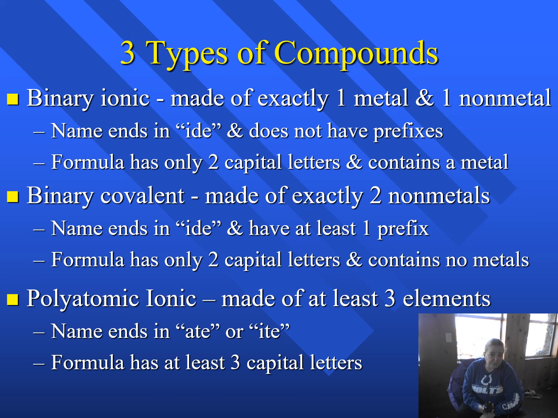We're going to go through how to write the formulas from the name, and then we'll go through and learn how to take the formula and write the name. Basically, the rules have one overall rule, which is write down as little as possible to communicate still all of the information you need.